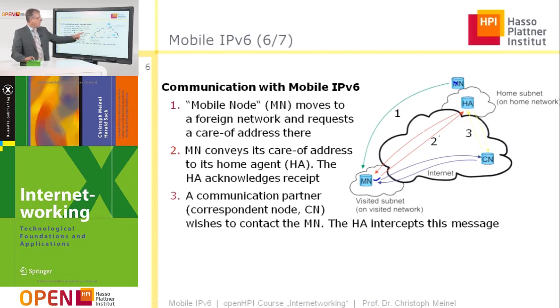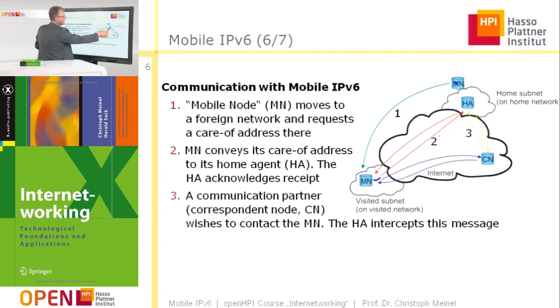Then in the third step, we have a communication node. A communication node that wants to communicate with our mobile node, that, for example, runs an application which wants to communicate with the corresponding application on the mobile node. Then the communication partner wishes to contact the mobile node, so it sends all the information to the home address, to the primary address of the mobile node. The home agent, which is typically a router, receives these messages and sees, okay, these are messages sent to a host with a primary address, and it knows that this host is exactly at this moment in this visited network.